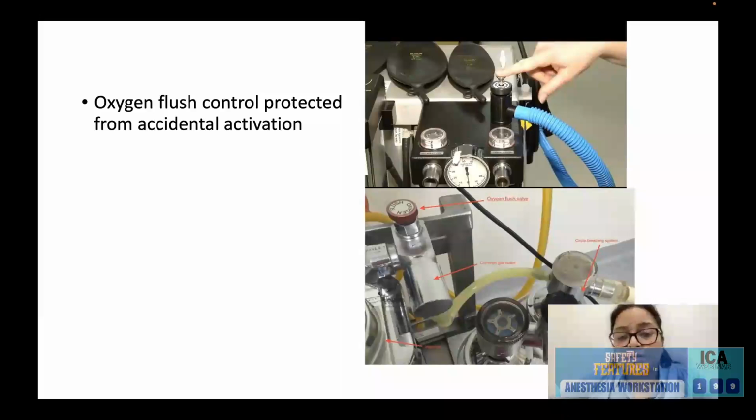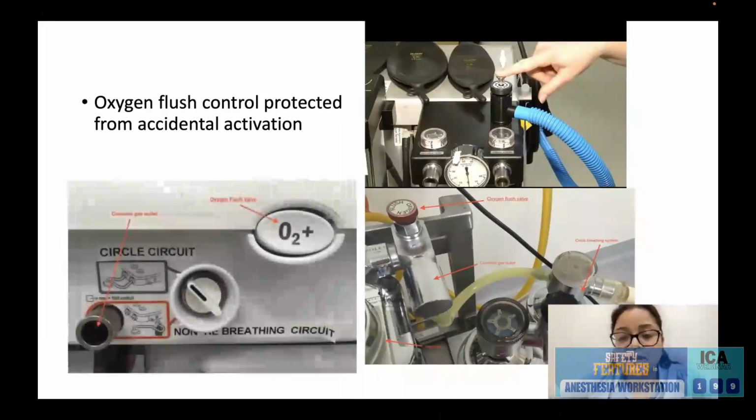It should usually be placed in a recessed setting like this, and it should deactivate as soon as the finger activating the switch is removed. Most anesthesia machines have this kind of oxygen flush valve, and these are the older flush valves in older machines, where this is a push button kind of oxygen flush and this is a rotary oxygen flush.